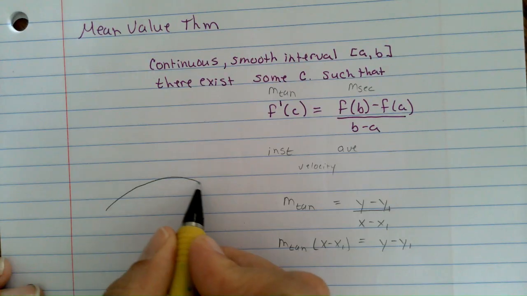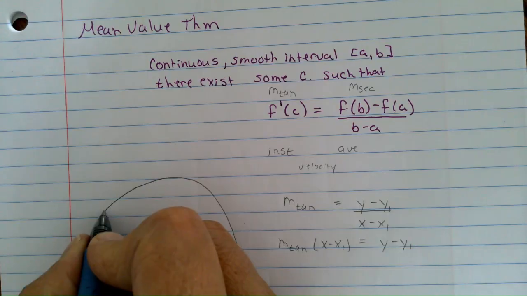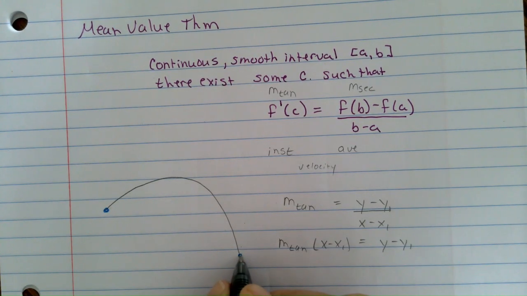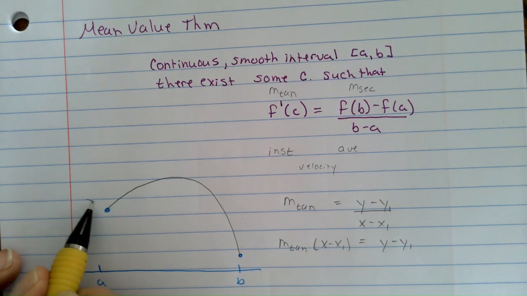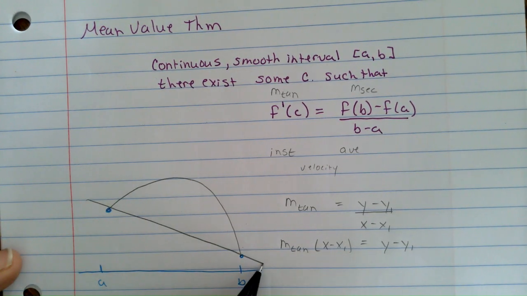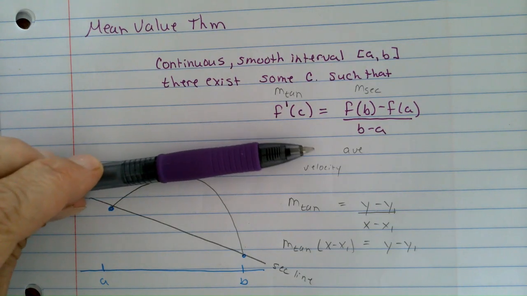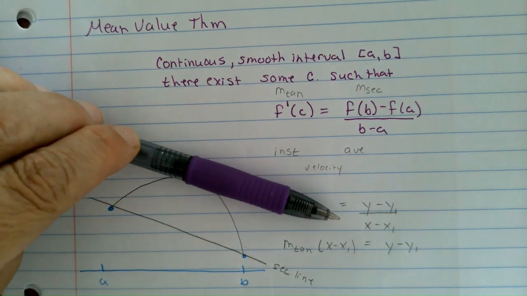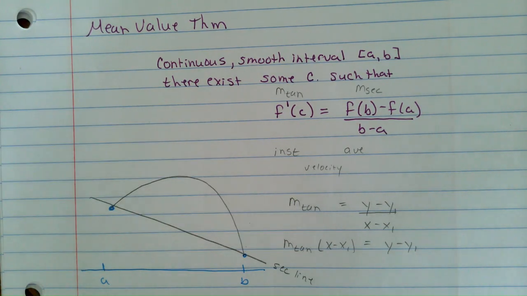But visually what that looks like is if you have some kind of interval, A to B, it has a secant line. And at some point in time as you're coming along, your tangent line has the same slope as your secant line.